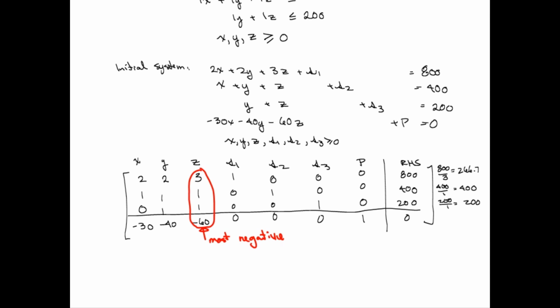And that will be our smallest. So there is our pivot row, and therefore here is my pivot element.